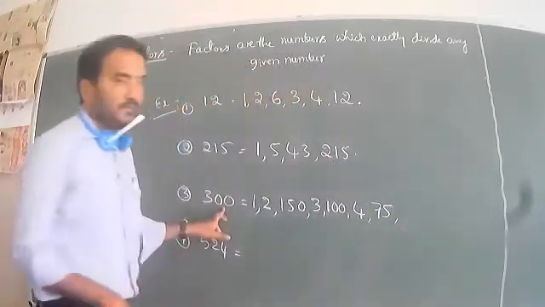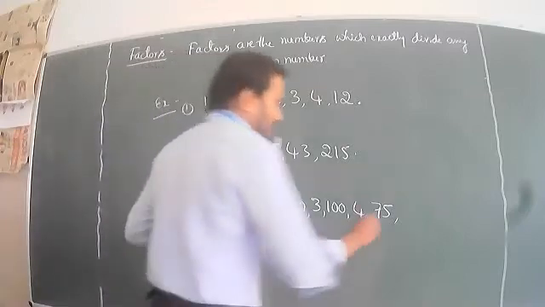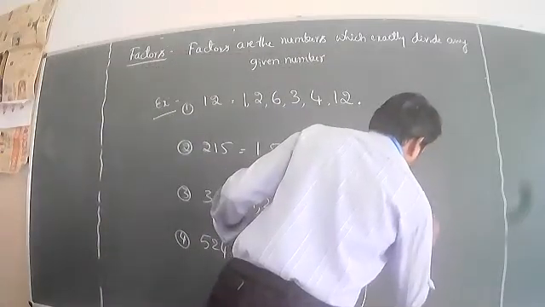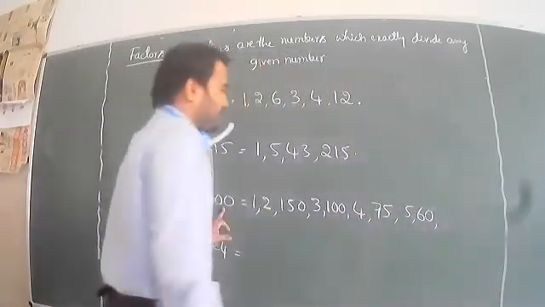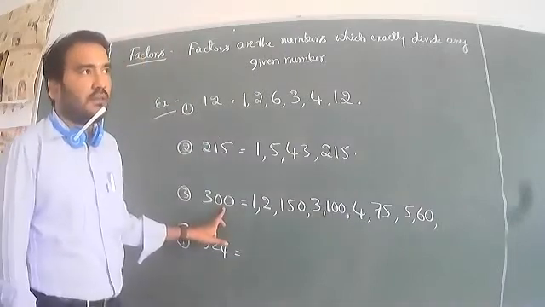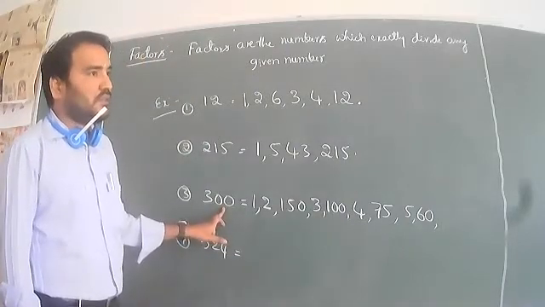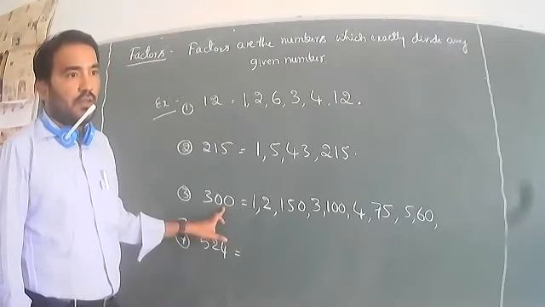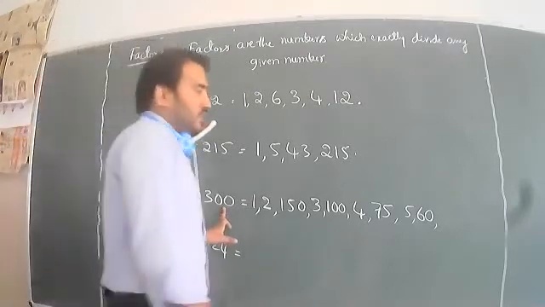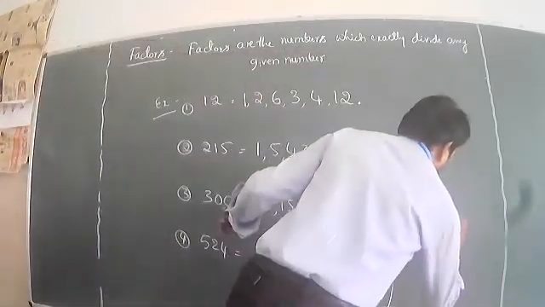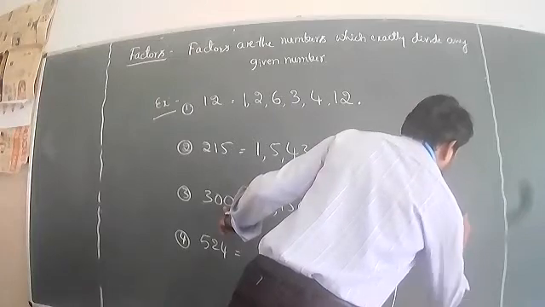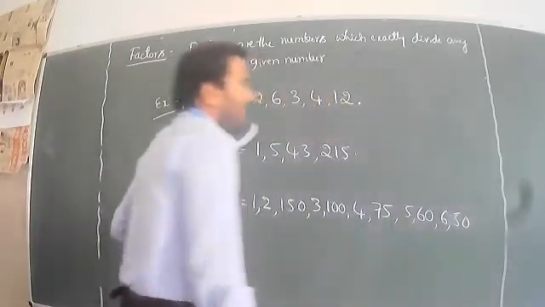Next 5: 5 times 60 is 300. Next 6: yes, 6 times 50 is 300.